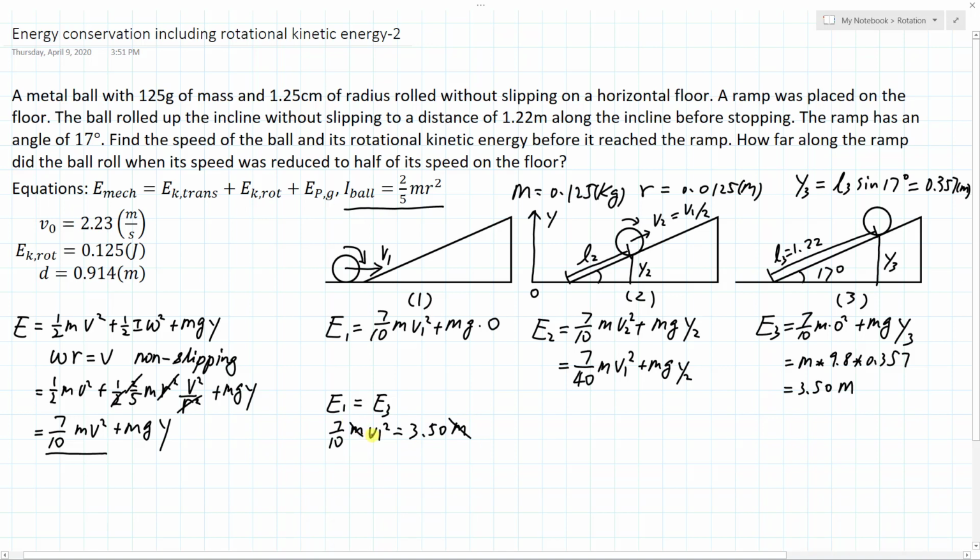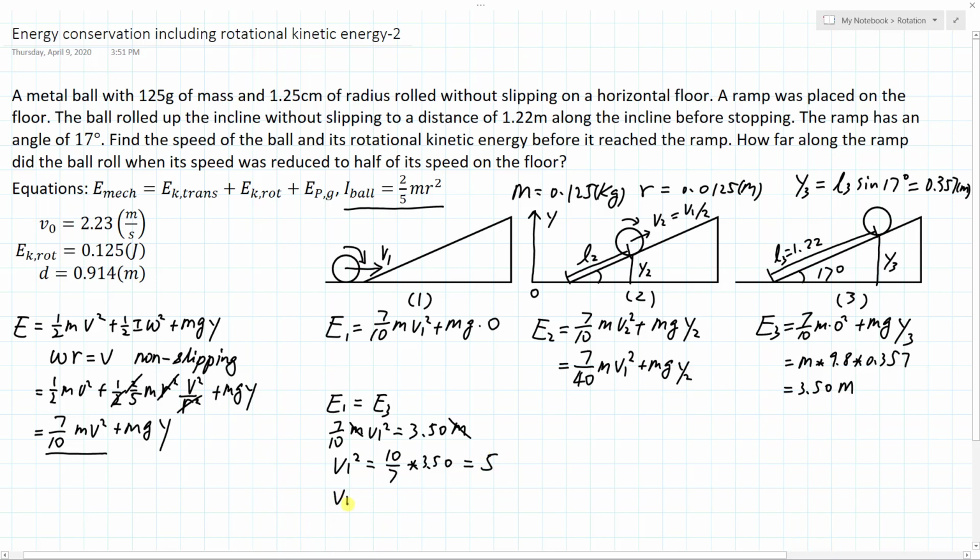So divide out m, I can solve for v1 squared. So v1 squared is equal to 10/7 times 3.50. 3.50 is half of 7, so that produces a 1/2. 1/2 times 10 is 5. So that's nice. v1 squared is equal to 5.